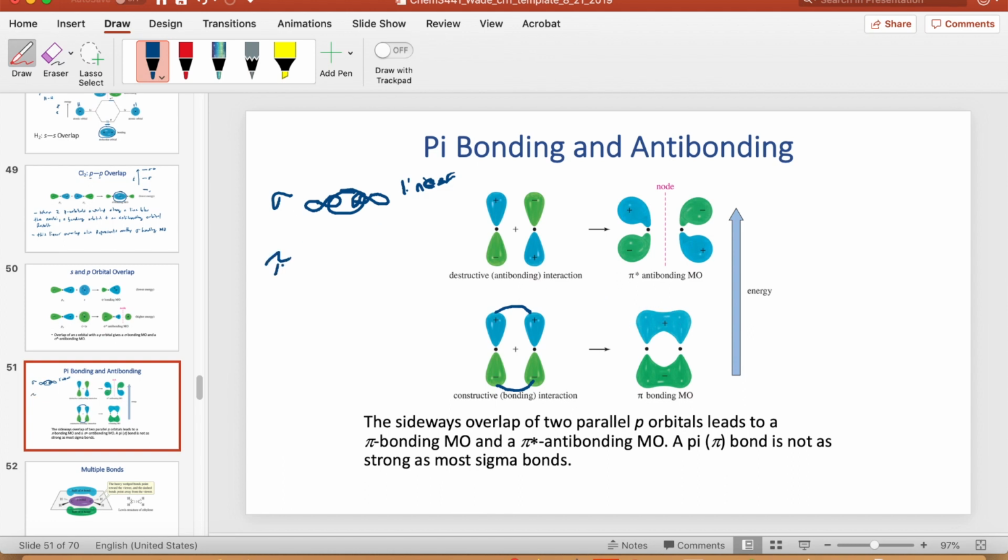This is now a pi bond. And we have the same deal, though. We can have the pi bonding MO, and we can also have the pi antibonding MO. Right, so the important thing about this is that these guys are going to form a bond above and below the plane. So if we take, for instance, and look at ethene, that's carbon with a double bond.